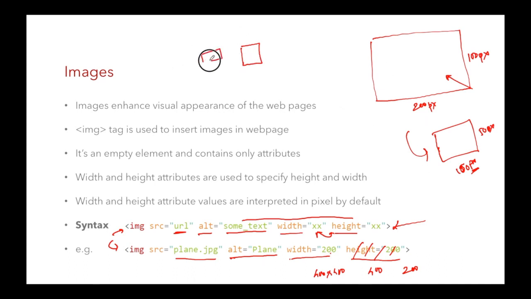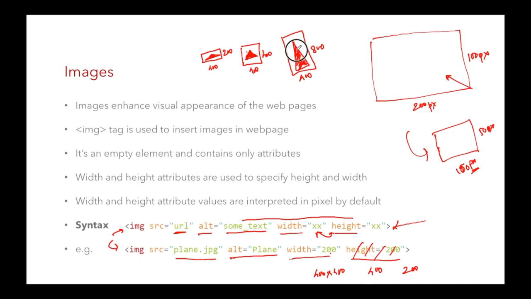Suppose this is your image, it will be shrunk to something like this. Also, let's say you have specified height as 800 and width as still 400. In this case the image will be stretched and it will become something like this.